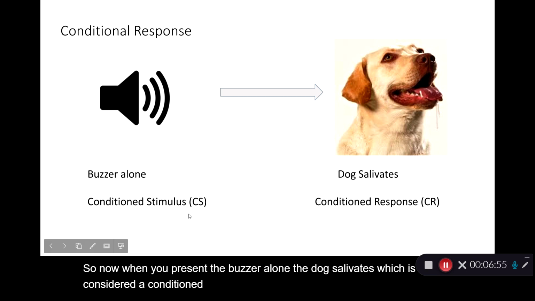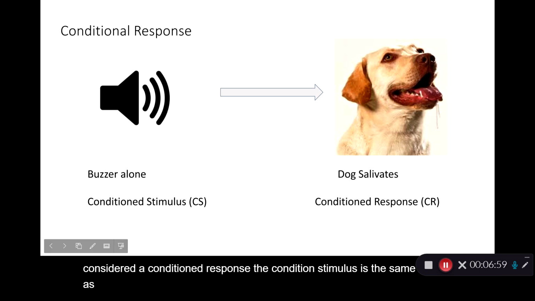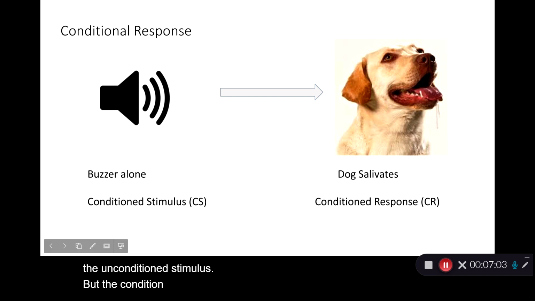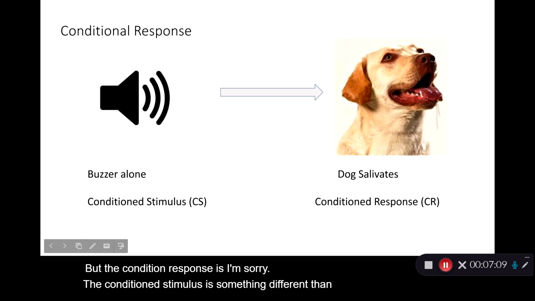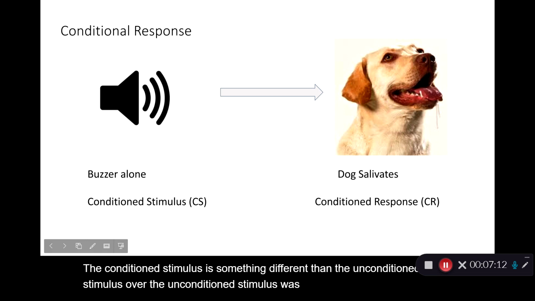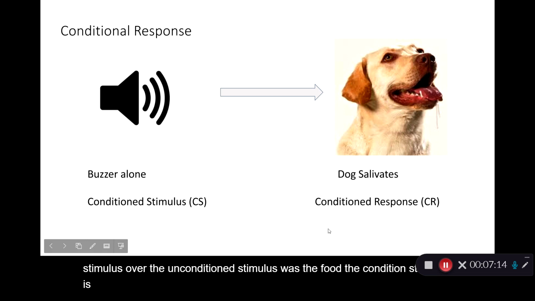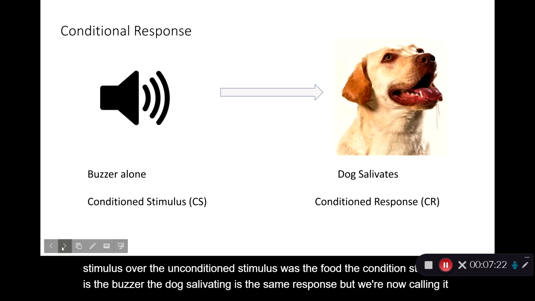So now when you present the buzzer alone, the dog salivates, which is now considered a conditioned response. The conditioned stimulus is something different than the unconditioned stimulus. The unconditioned stimulus was the food, the conditioned stimulus is the buzzer. The dog salivating is the same response, but we're now calling it the conditioned response.